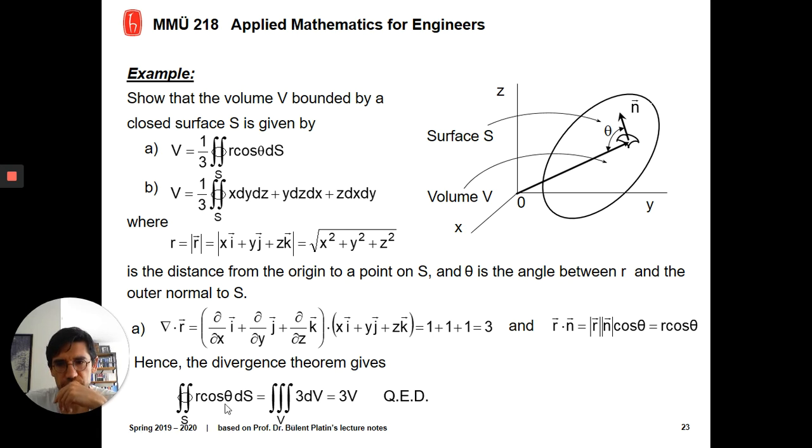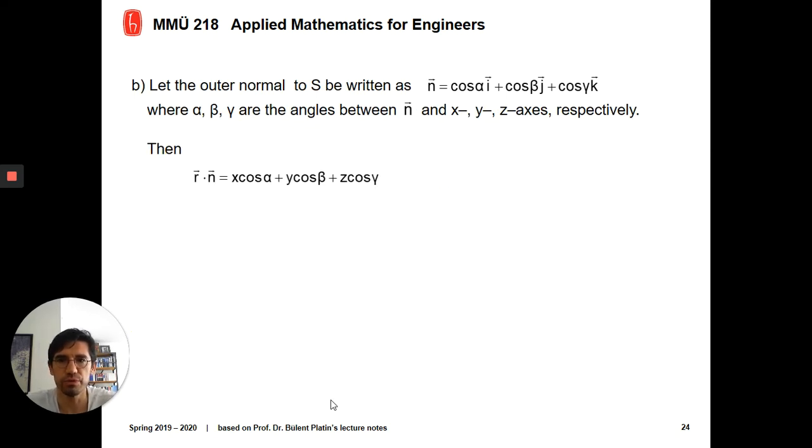R is my position vector field, N is the surface normal, and that corresponds to R cosine theta, and R cosine theta dS is going to be my surface integral. It corresponds to 3 V's, and that's our proof.